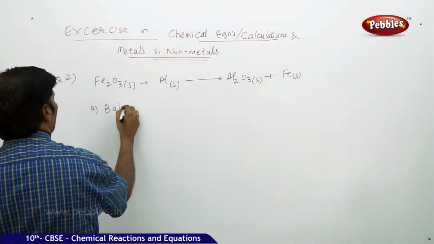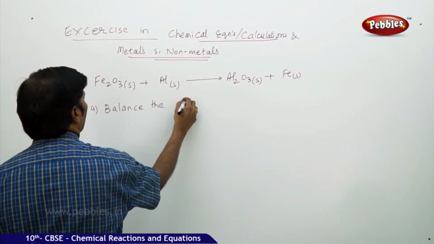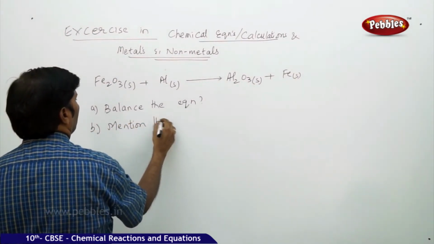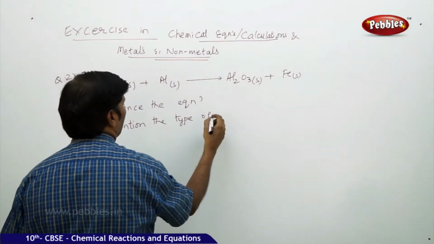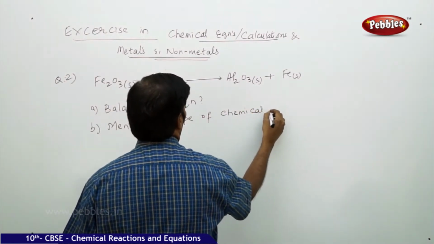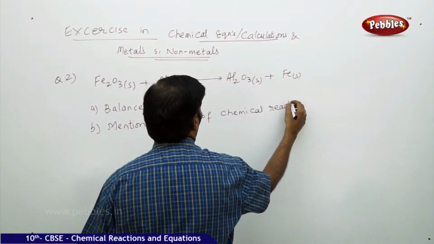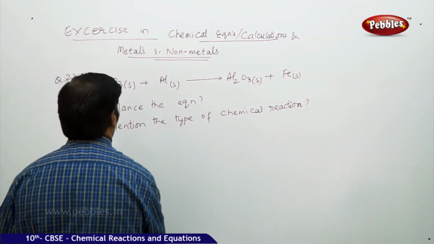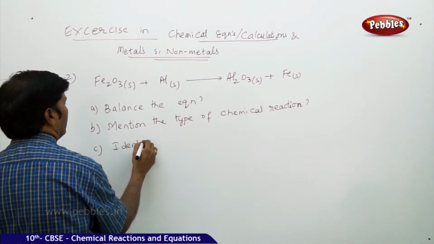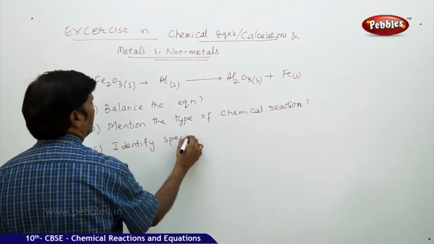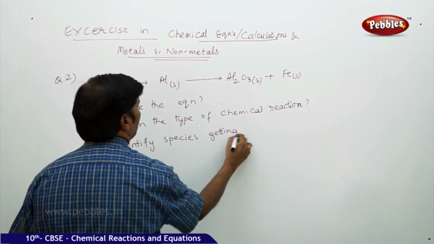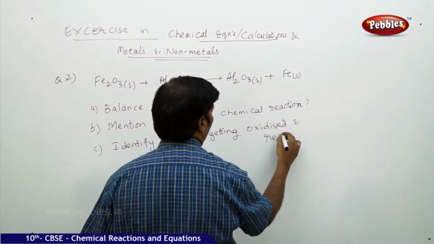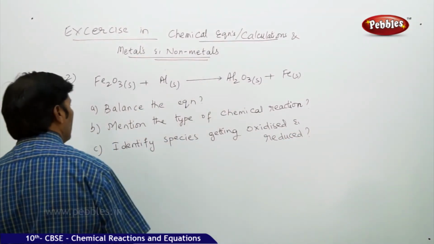First, balance the equation, mention the type of reaction, and identify the species getting oxidized and reduced. That is the question.